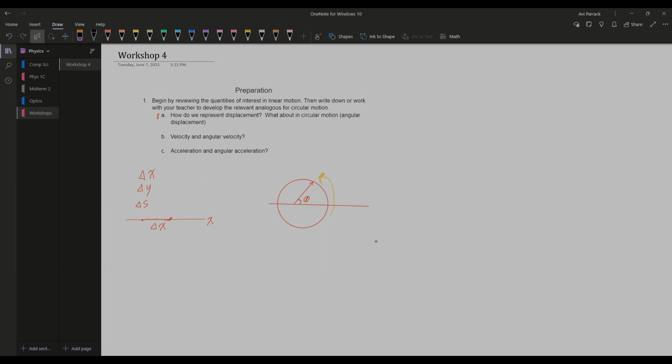So this is our analog. This is theta. Theta represents angular displacement. Sometimes you'll see it in degrees. Typically, we'll see it in radians, standard.